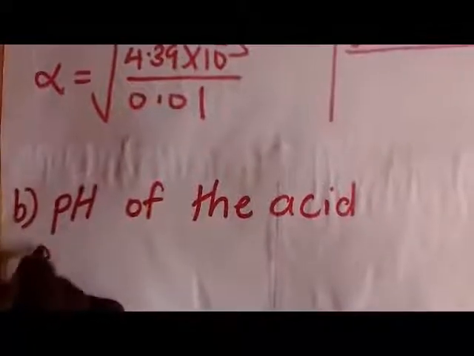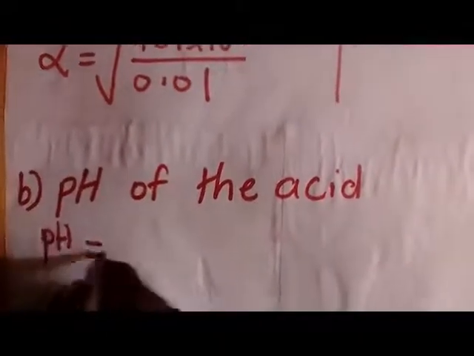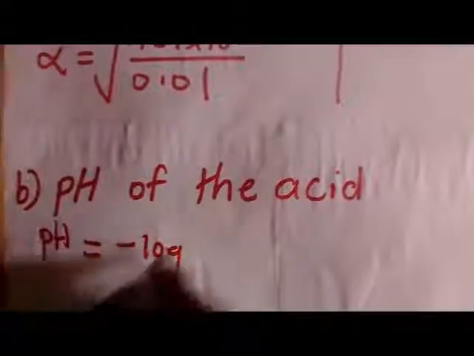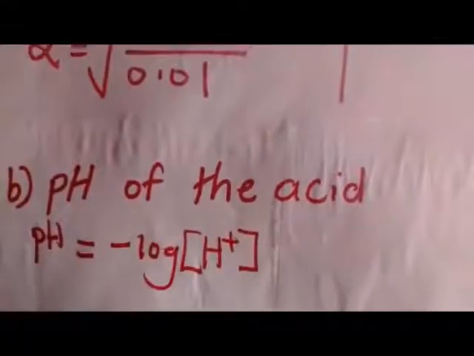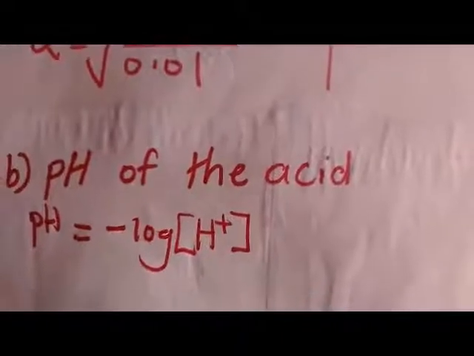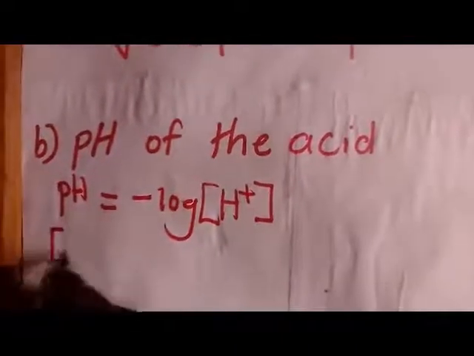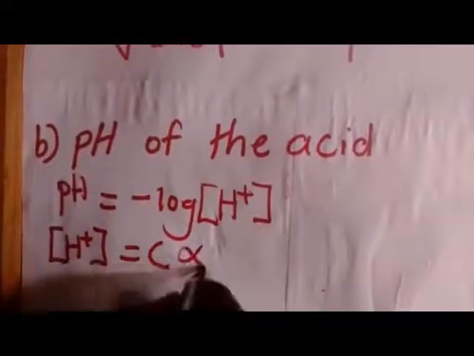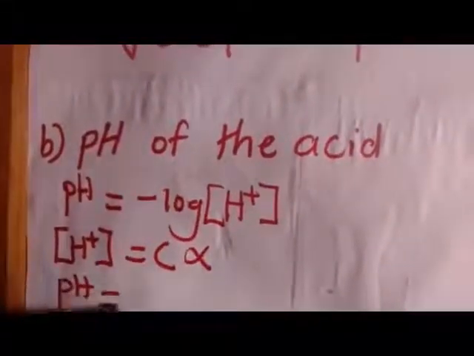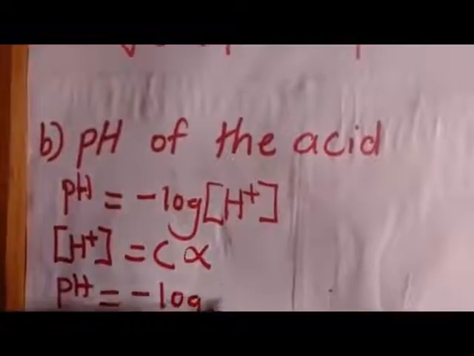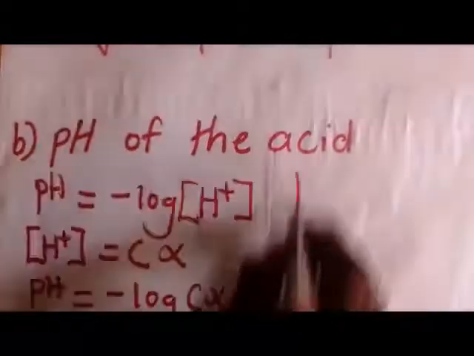We can also use this knowledge of alpha to determine the pH of the acid. Remember, pH of the acid equals negative log of hydrogen ion concentration, and the concentration of hydrogen ions equals C alpha. So our pH is going to be negative log of C alpha.